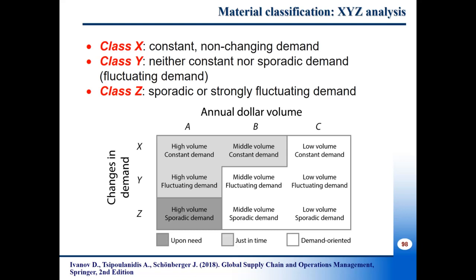Another option for XYZ analysis is to divide inventory into three classes based on different demand patterns. For instance, class X is constant, non-changing demand. Class Y, neither constant nor sporadic demand, or fluctuating demand. And class Z, the sporadic or strongly fluctuating demand.